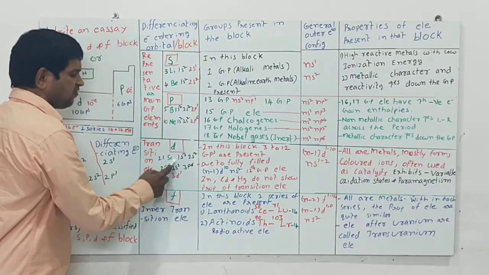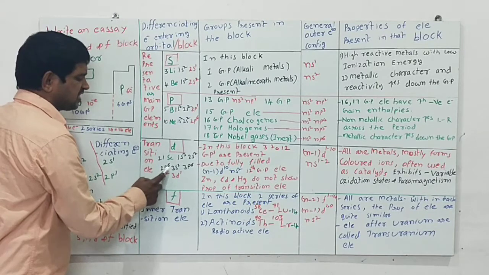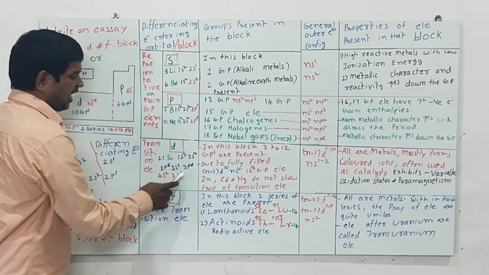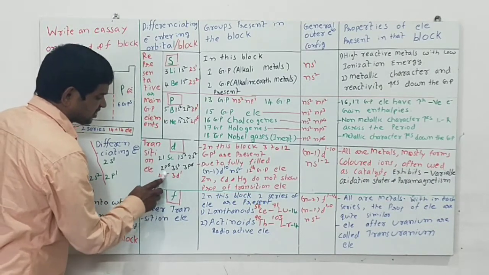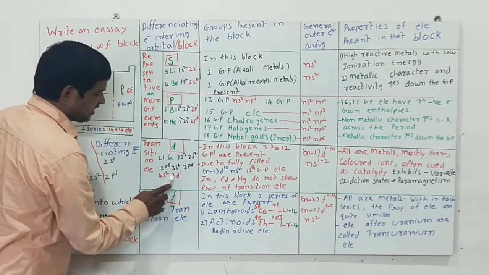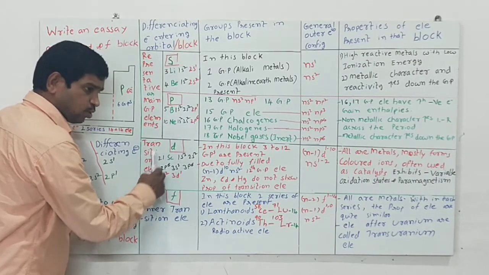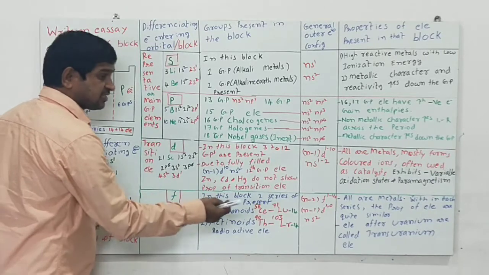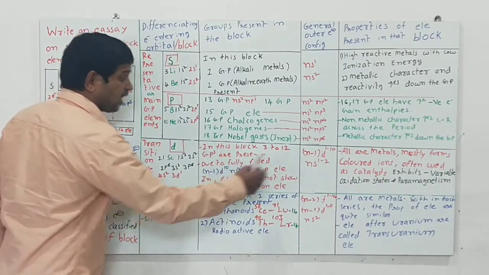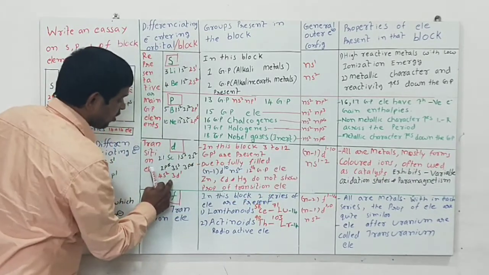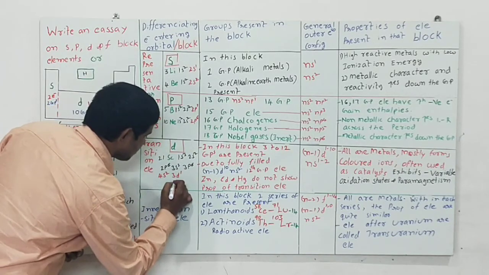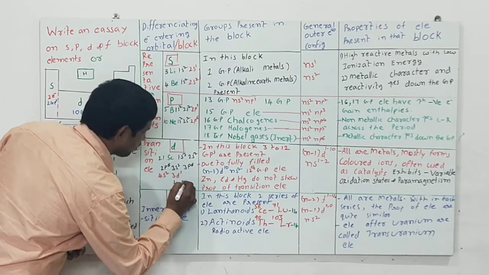Scandium atomic number is 21: 1s2, 2s2, 2p6, 3s2, 3p6, and the outer general electronic configuration is 4s2, 3d1. See here, fourth shell is the outer shell and the last electron is entering into (n-1), that is 4 minus 1 equals 3d1.